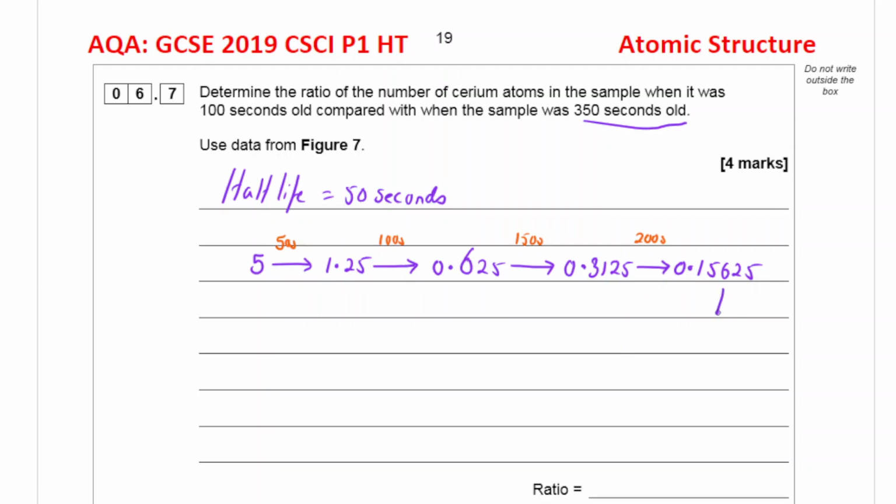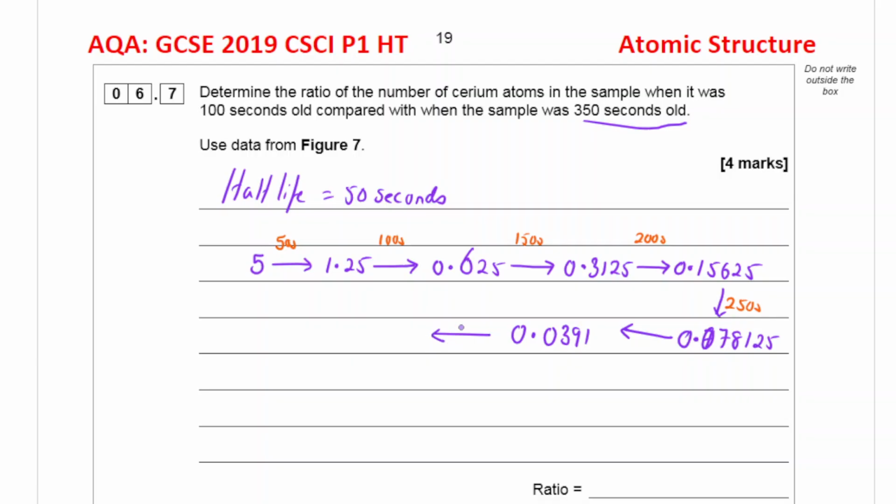So let's divide that value by 2 again. It'll be 0.078, that will be 250 seconds. Divide that by 2 again, 0.0391.